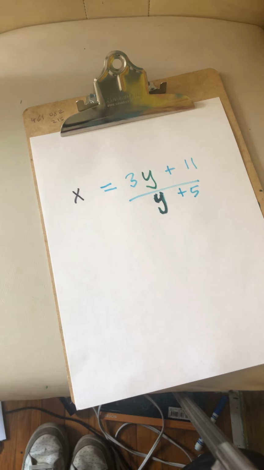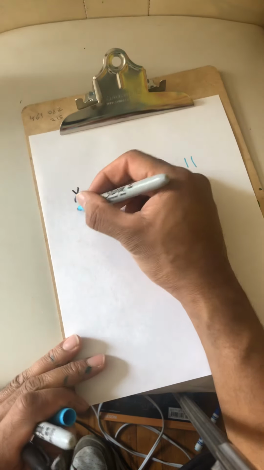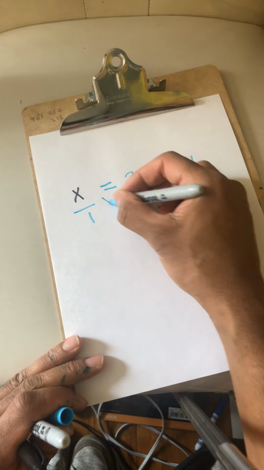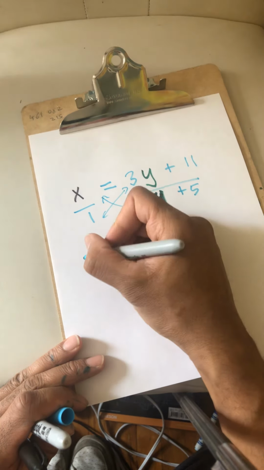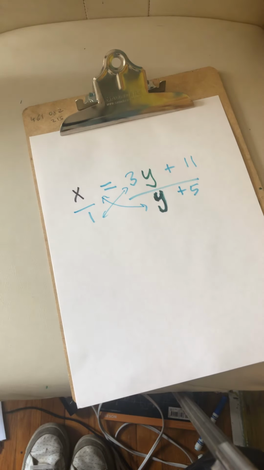And so we can proceed to solve by using whatever mathematical tools we have. I know about cross multiplying, so I'm going to cross multiply. Again, it's important for me to keep my color coding.